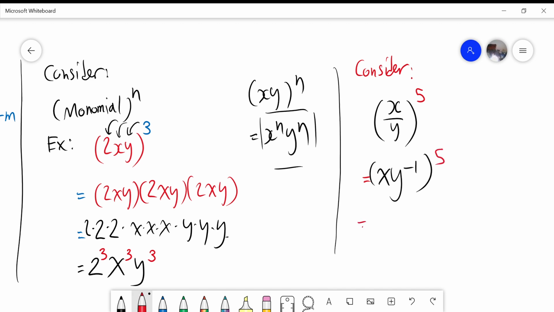Now we can just use the rule we used here, right? So this is going to be x to the 5 times y to the minus 1, raised to the 5. Now we haven't learned how to simplify this yet, so we're going to do that first.